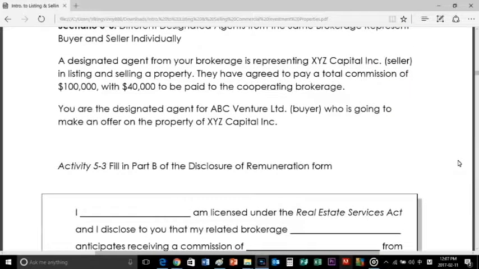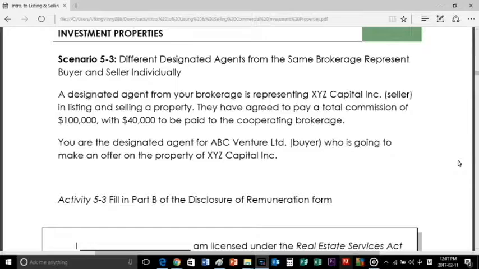Scenario 5-3. Different designated agents from the same brokerage represent buyer and seller individually. A designated agent from your brokerage is representing XYZ Capital Inc., seller, in listing and selling a property.